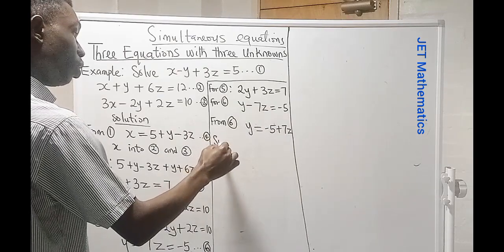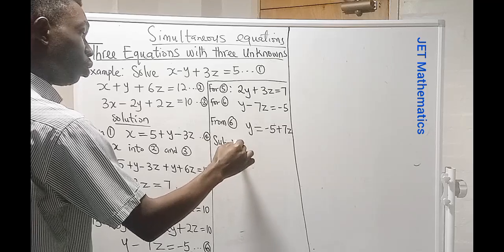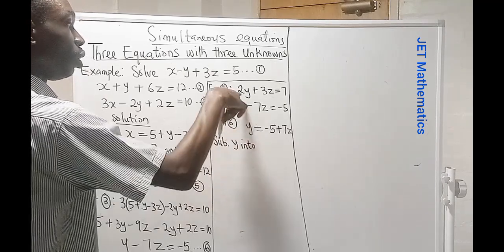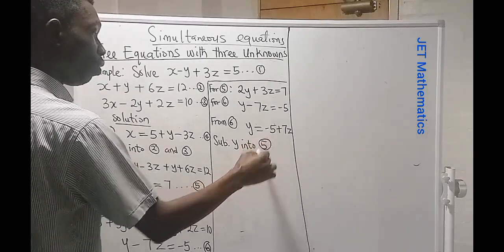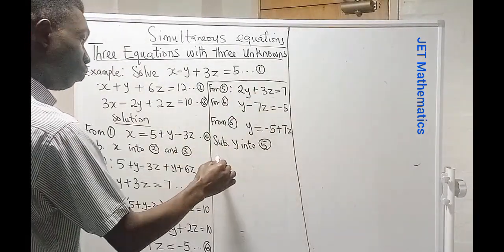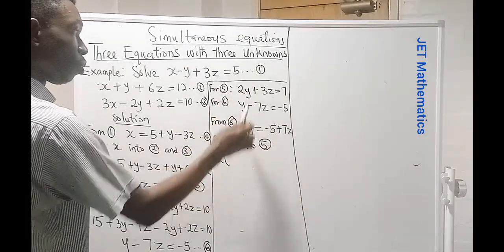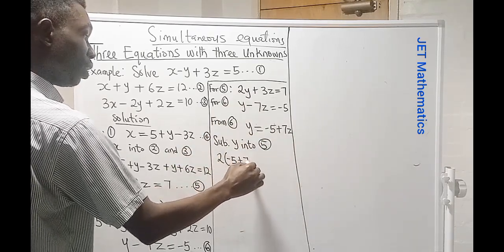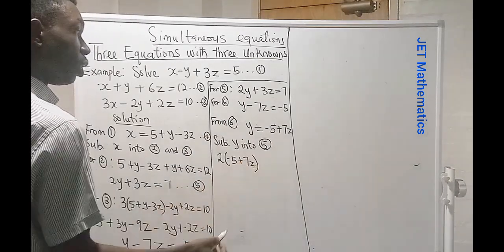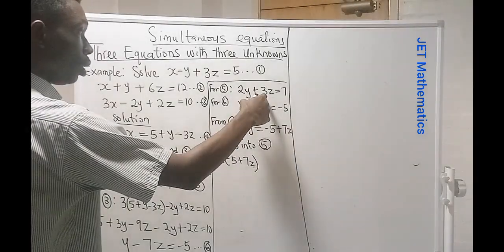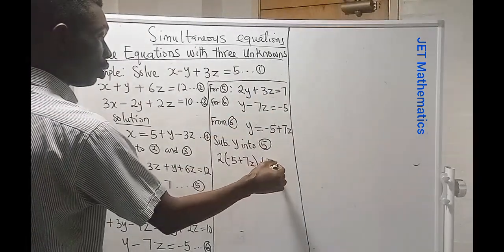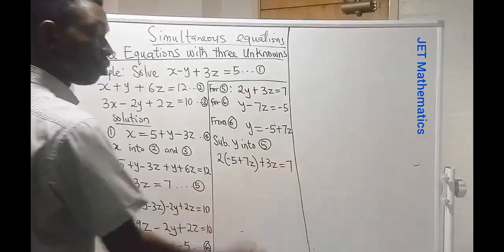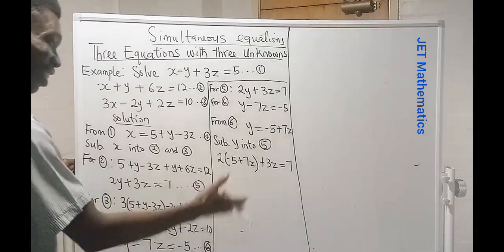Now we're going to substitute this y into 5. So into 5 becomes 2 times minus 5 plus 7z, plus 3z, equals 7. Pretty easy, right? Let's continue.